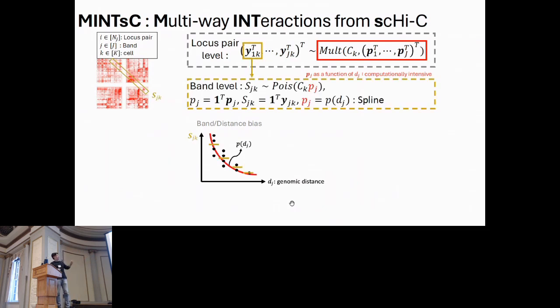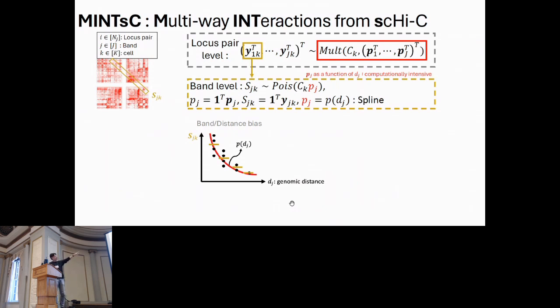Then we can aggregate the contacts of those locus pairs within a band into a single number by simply summing it up. Then by the multinomial distribution aggregation property, you have a smaller multinomial distribution, and you can approximate that by a Poisson distribution. And you can fit that model at the band level, which is going to be a Poisson GLM spline.